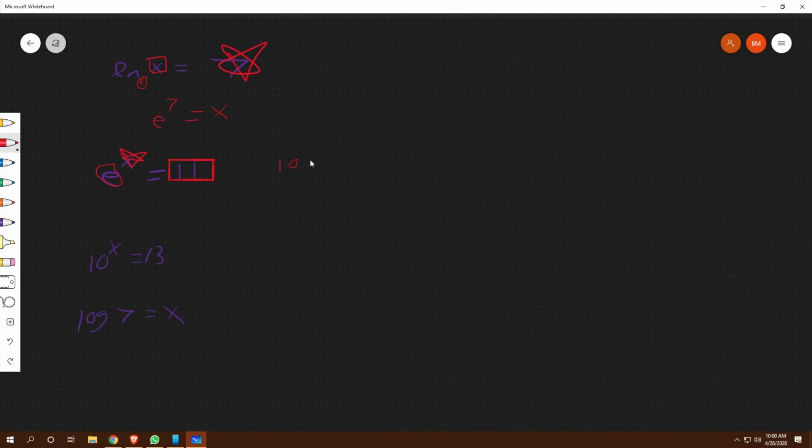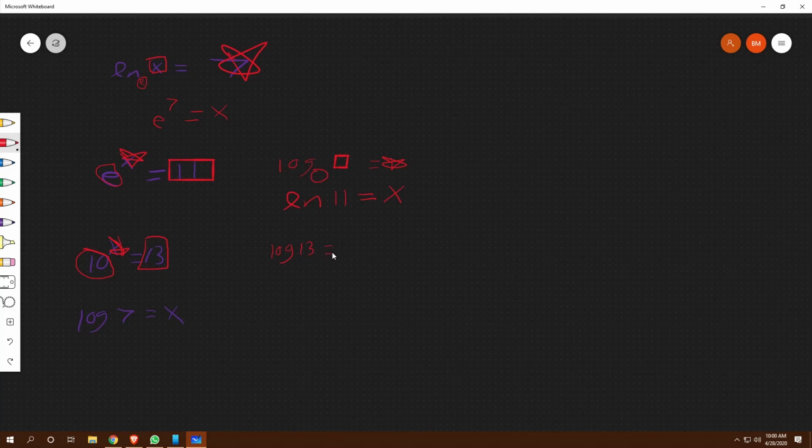So this is log circle square equals star. Well, my base is an e, so instead of writing log base e, I'm going to write natural log. My argument is 11, and then I have x as my star. So we have circle, star, and square. Well, log base 10, I can just write log. I don't need to write the base. That's my common log.